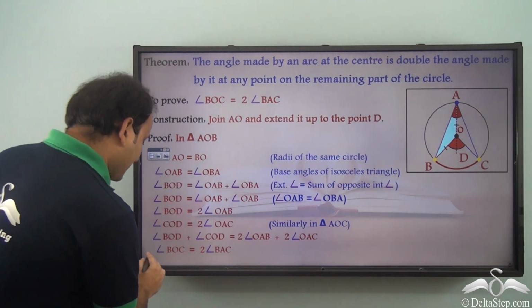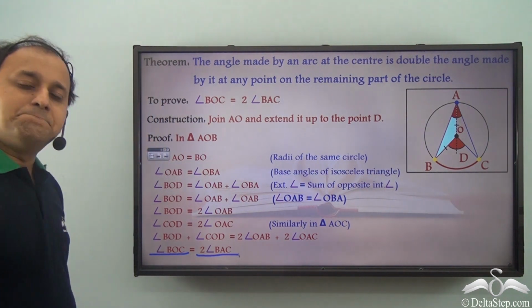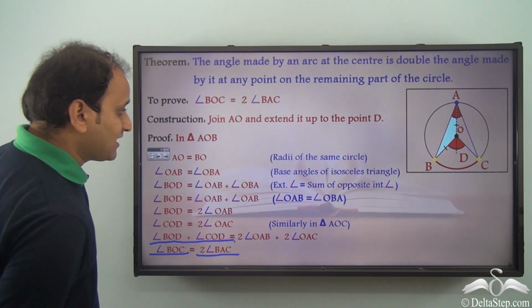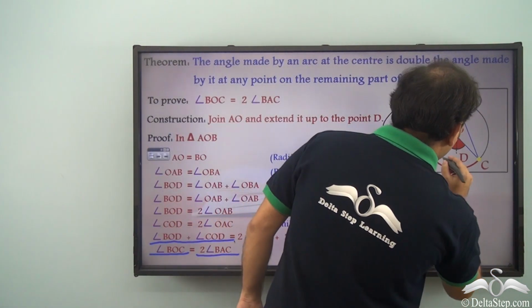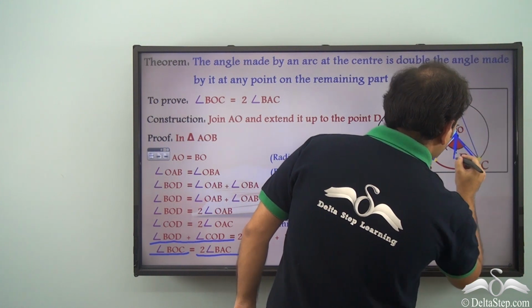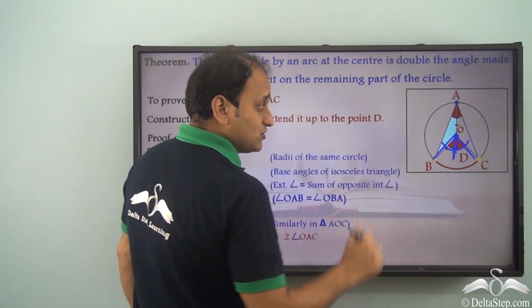We get angle BOC is equal to 2 into angle BAC. Why do I say so? Because angle BOD and angle COD together give us this angle, angle BOC.